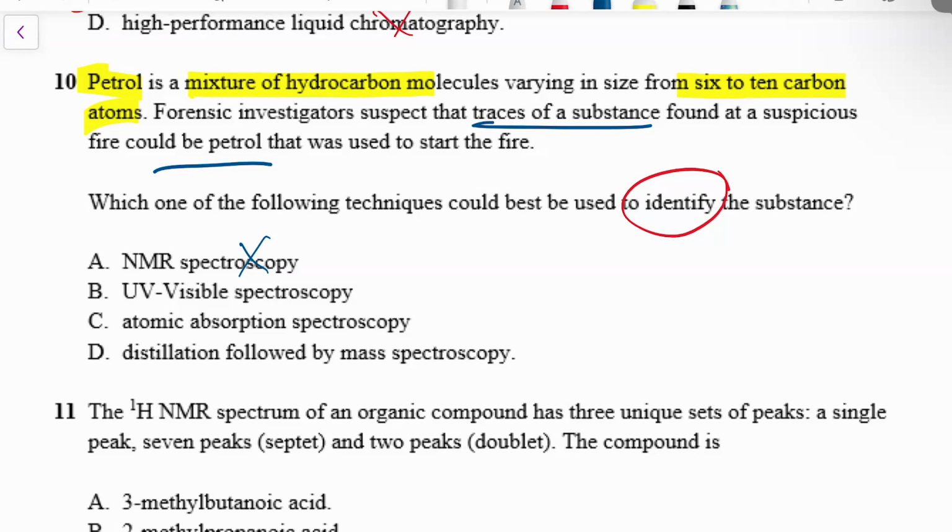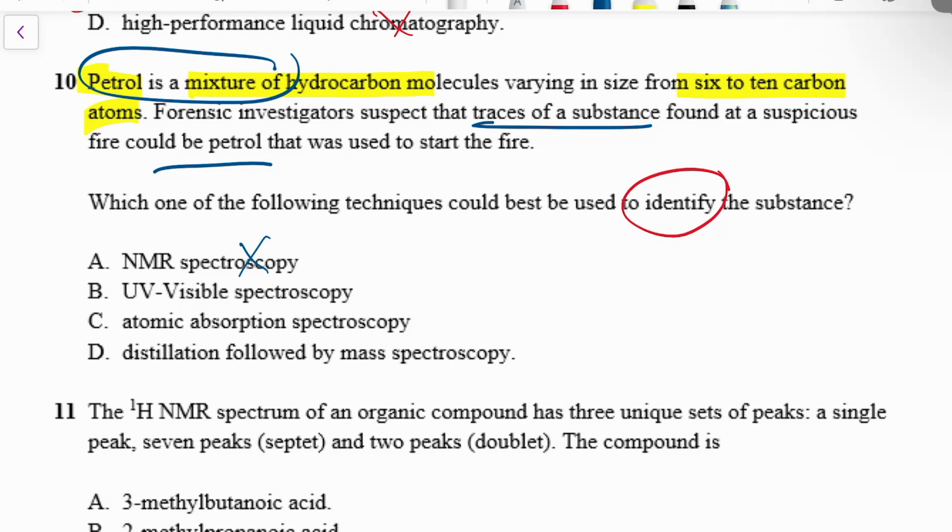The issue with that is you're not going to tell that it's a mixture of different things. In an NMR spectrum you're just going to see a bunch of lines, and for all we know it could be the same hydrocarbon the entire time, not a mixture of a bunch of different hydrocarbons. Petrol is a mixture.